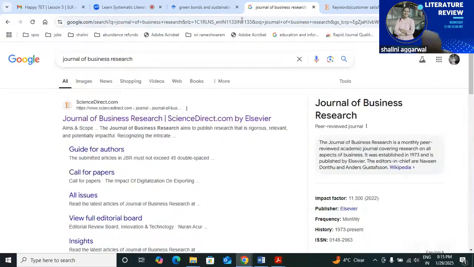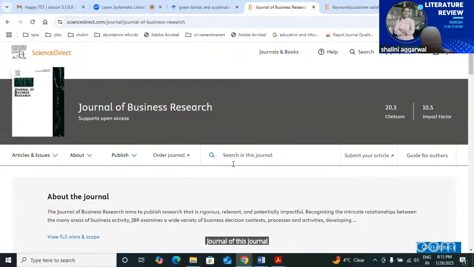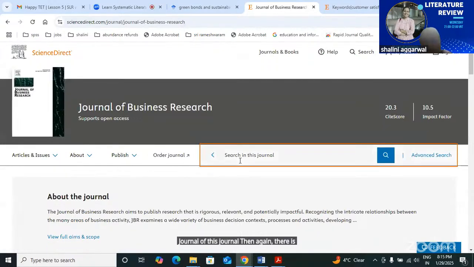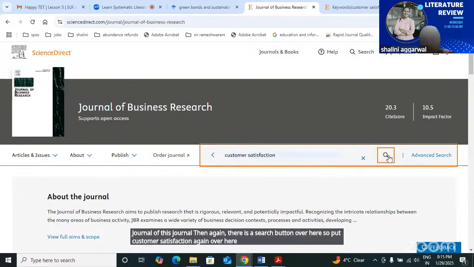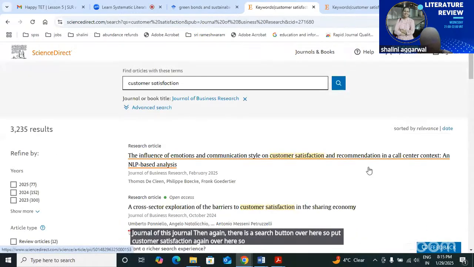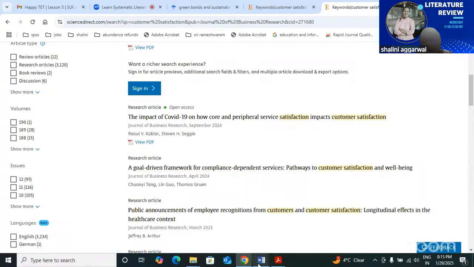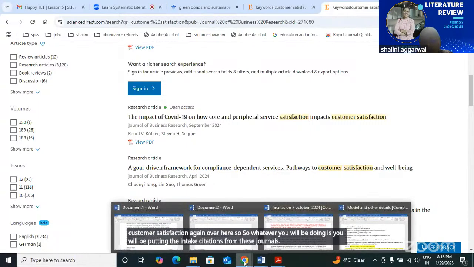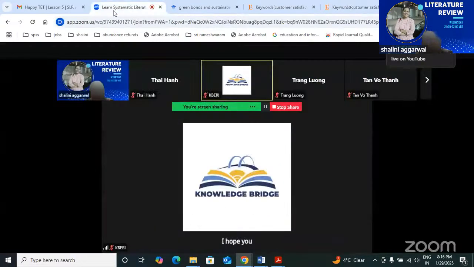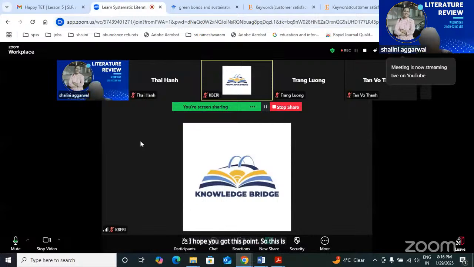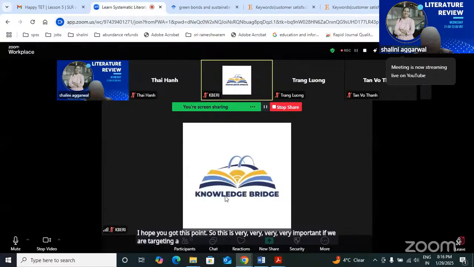Again there is a search button over here, so put customer satisfaction again. Whatever you do, you will be putting in-text citations from these journals. I hope you got this point. This is very, very important if we are targeting an A category journal, right?